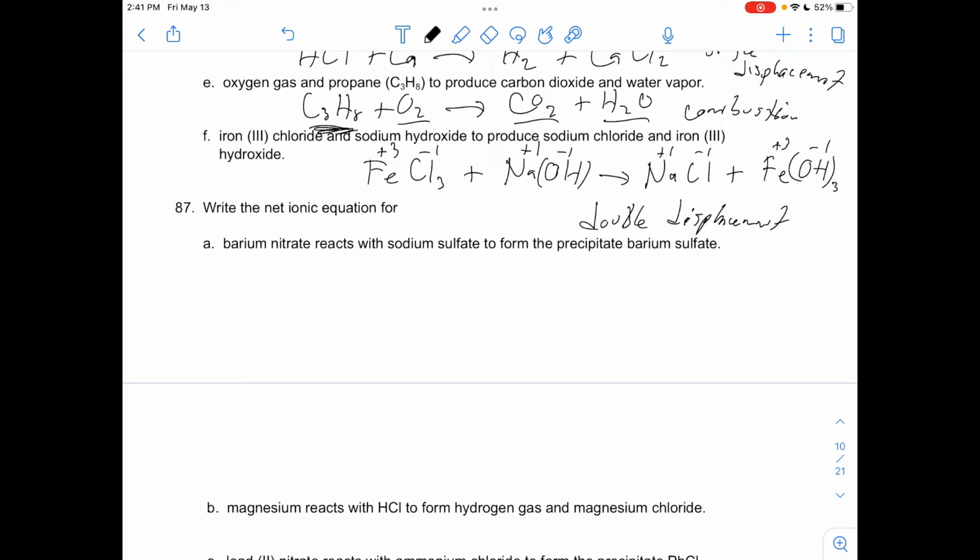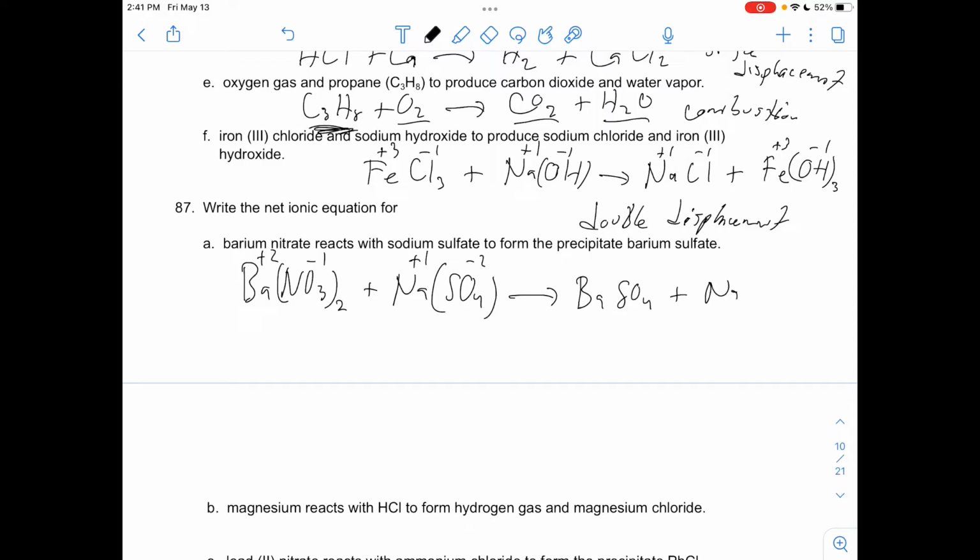Okay, we didn't really cover net ionic equation either, and it won't be on your tests, but let's just do it. Barium nitrate, -1 plus 2, barium is plus 2, with sodium sulfate. Sulfate is SO4, to form barium sulfate and sodium nitrate.